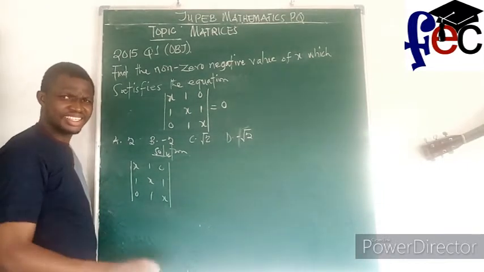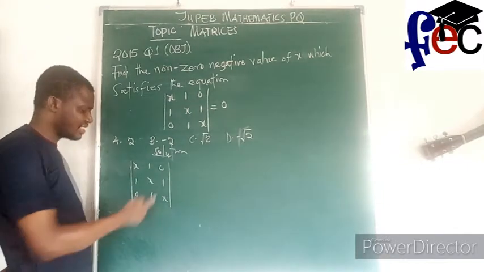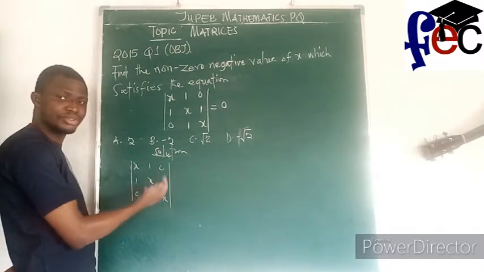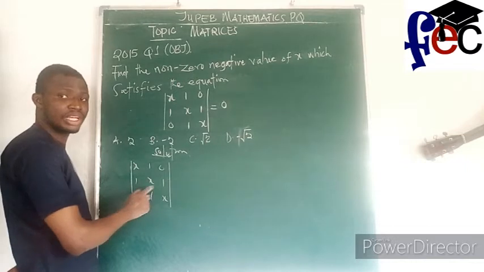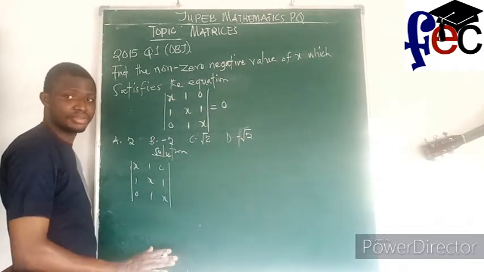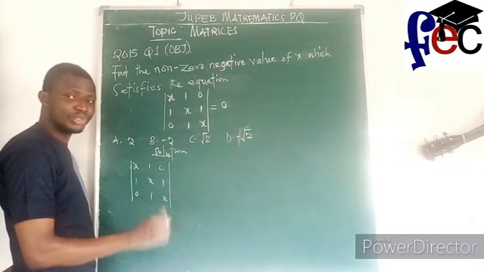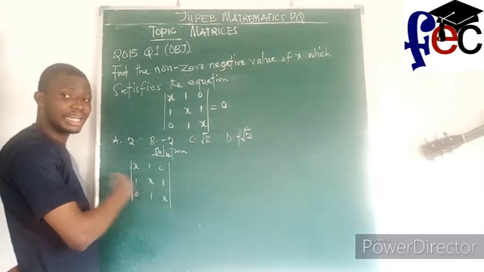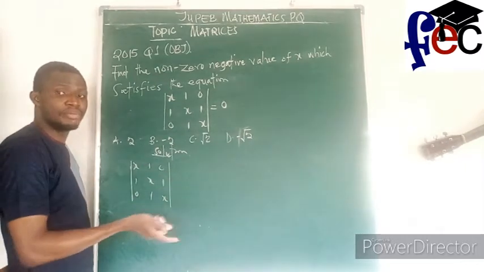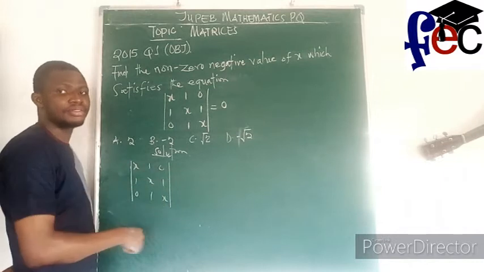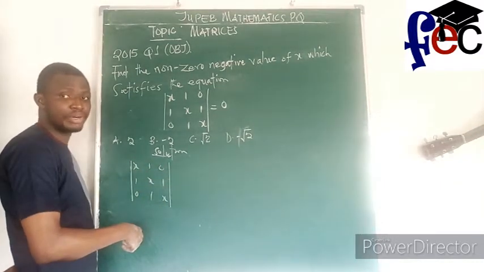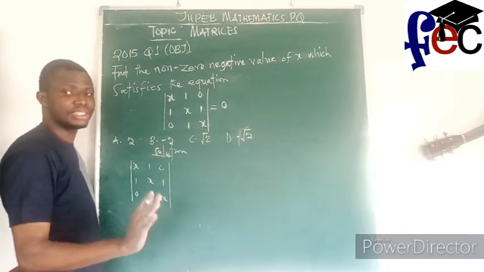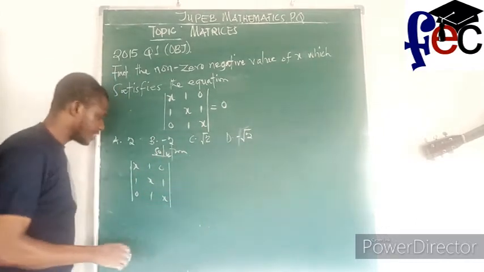That means I can also get it using this column, 0, 1, x, or this row, 1, x, 1. I will get the same result, because all we need to do is multiply each element along any row or column by its corresponding cofactor and add them together. That's the determinant.